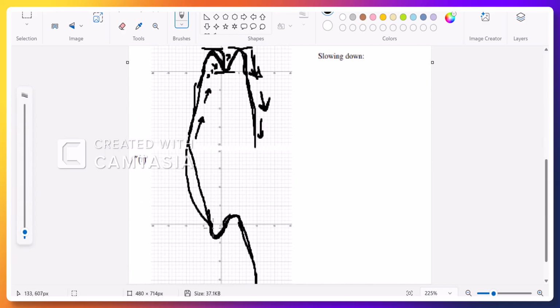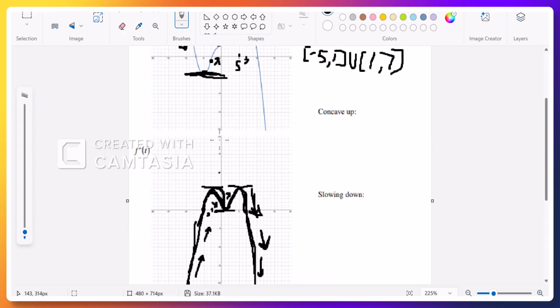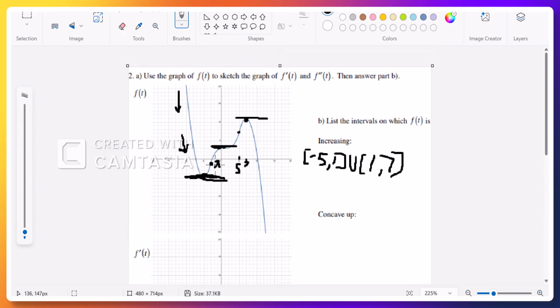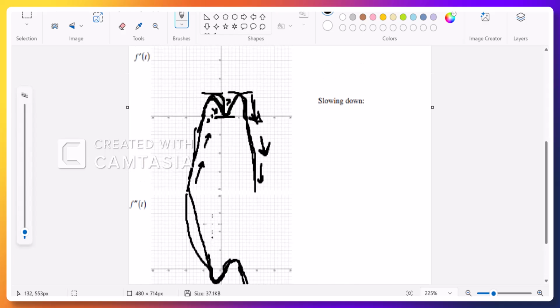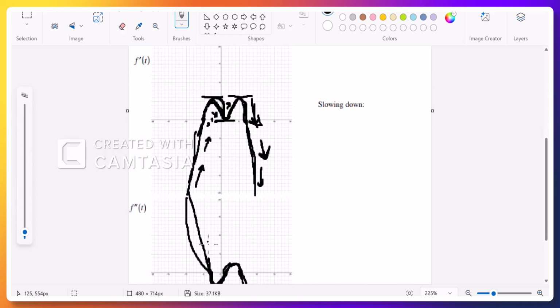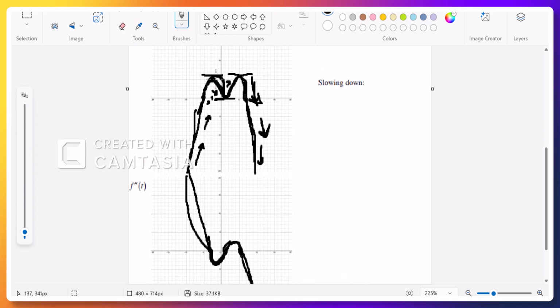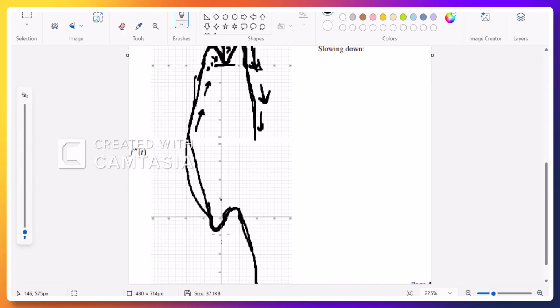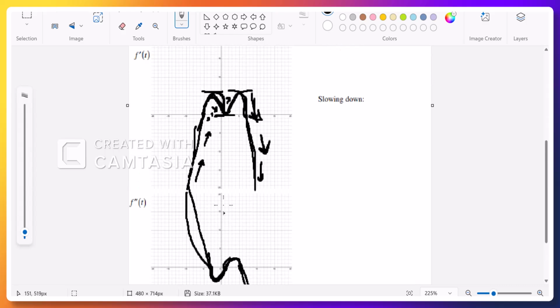So as you can see at -3 for f prime, it's still at its highest peak, but it's starting to decrease. But at 3, it's already going in the negative direction. That explains why it's increasing and then it decreases.